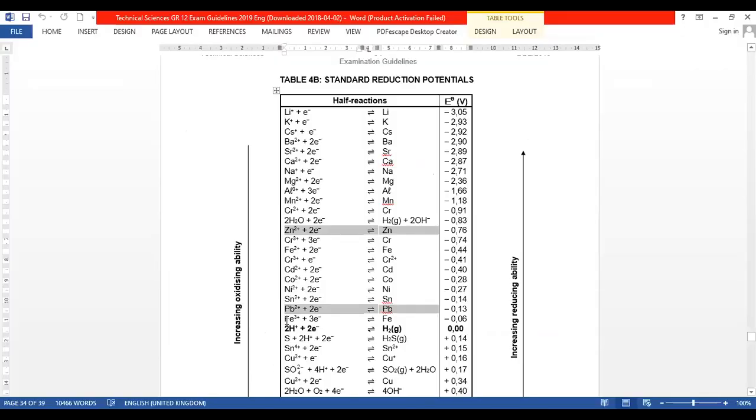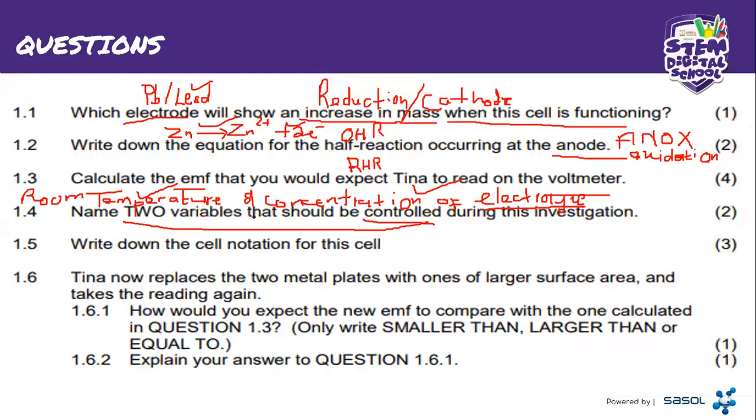We agreed that lead is undergoing reduction. So reduction, remember, this table is a table of standard reduction potentials. So the reactions are already in a reduction form. So it means for reduction, I will write from left to right, but I will only use a single arrow. And that will then be for the reduction half reaction.